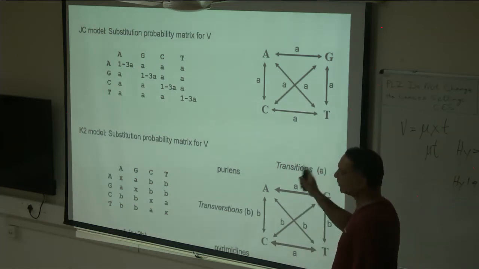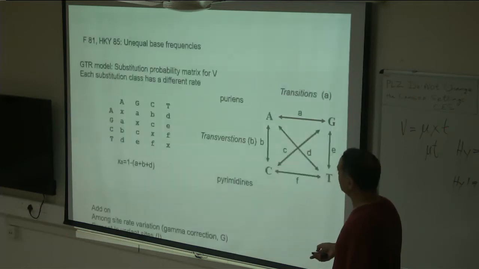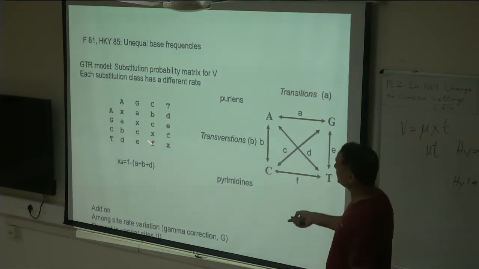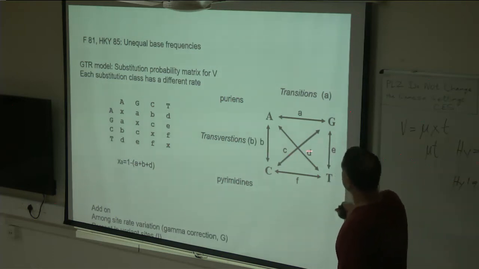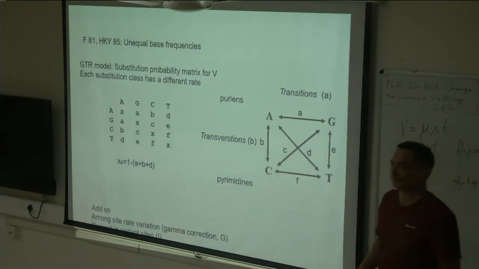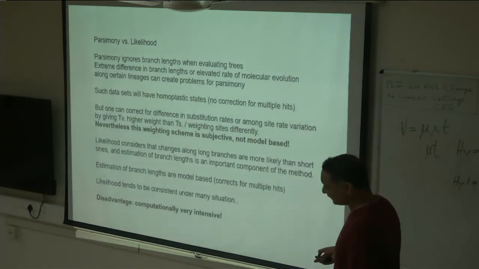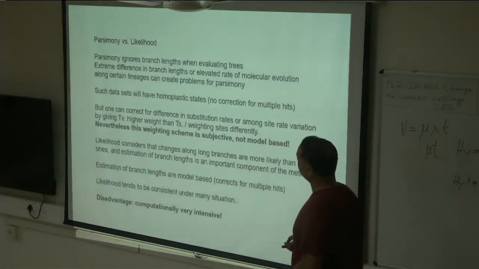The matrix that I showed you was that. And then the most parameter-rich model, GTR, where every change has a different probability, right? And so on.